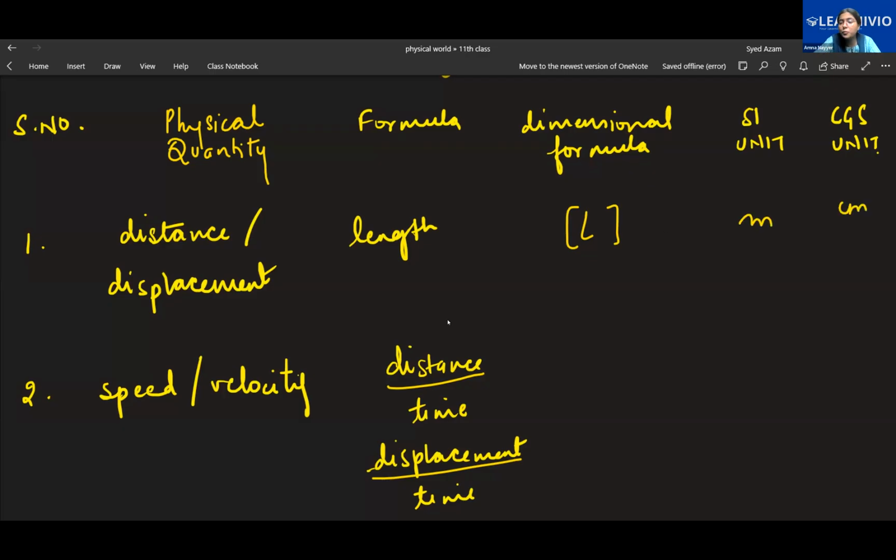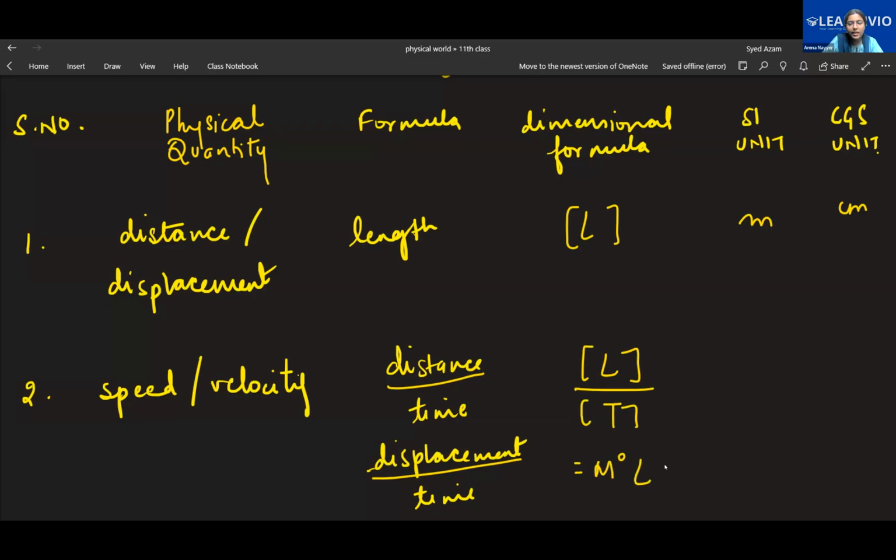Now, when we come to speed or velocity, speed is basically distance by time. Whenever distance changes with respect to time. And when you talk about displacement, then we don't use the term speed. We use velocity. So it's like speed only. So dimensions will be same. So distance is L. Time is T. So the final formula will be m to the power 0, L to the power 1.